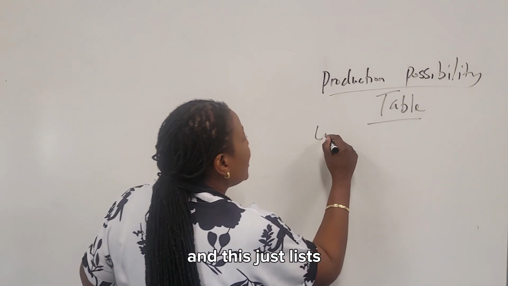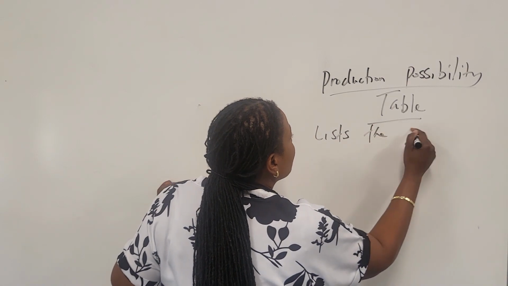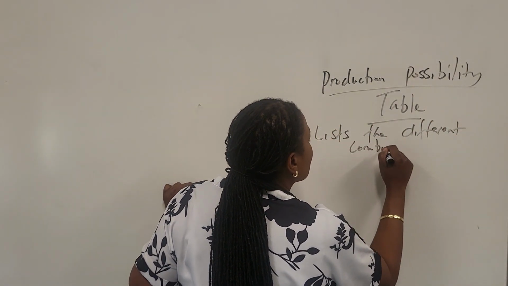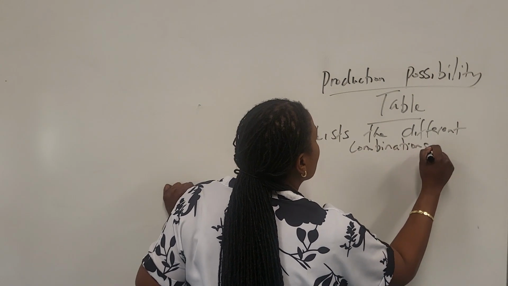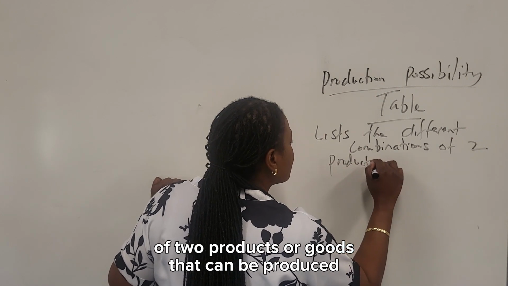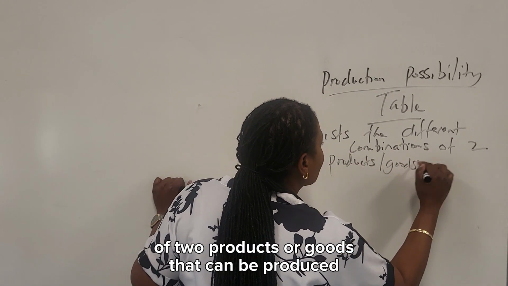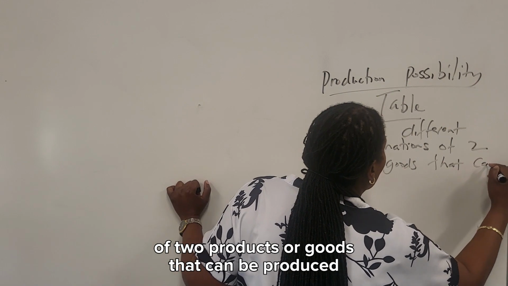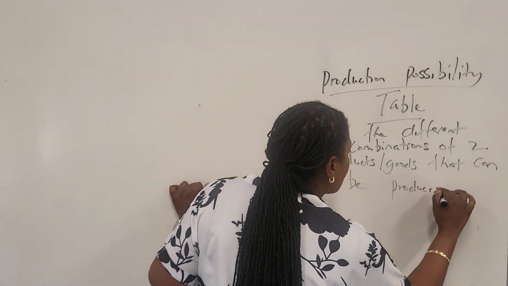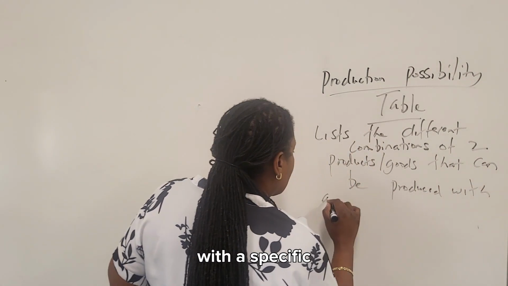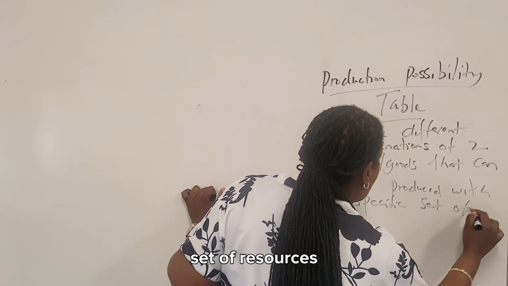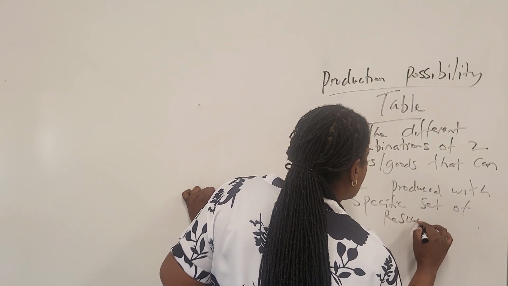And this just lists different combinations of two products or goods that can be produced with a specific set of resources.